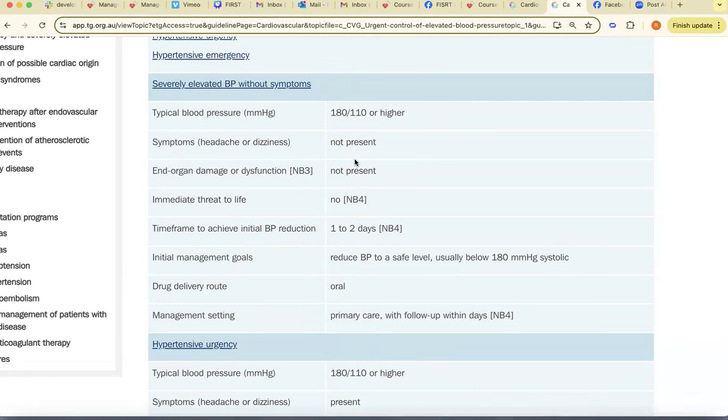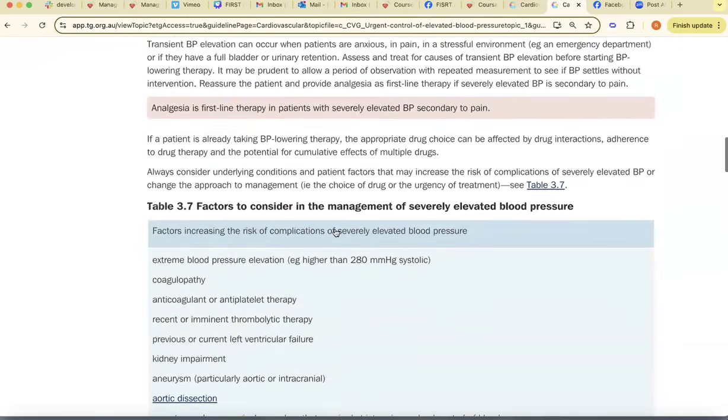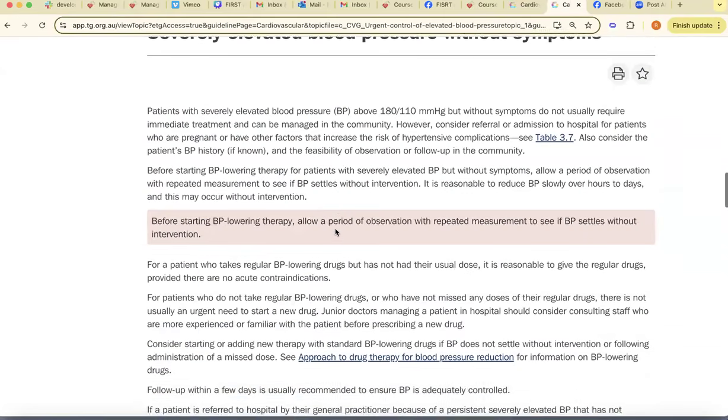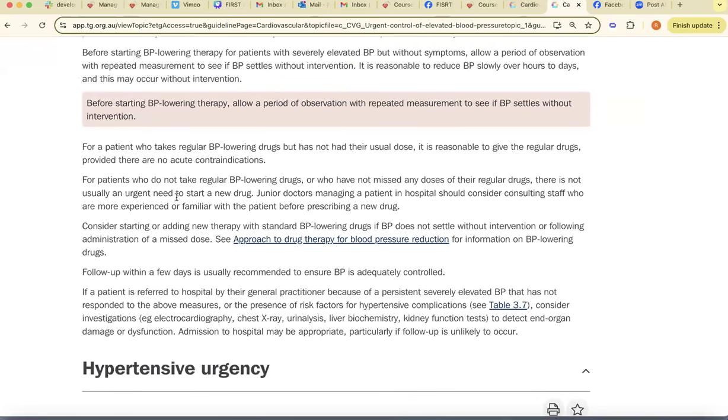Ideally, we need to bring it down to 160 at least. The time frame to reduce this blood pressure down to 160 is 1 to 2 days. For a patient who has this severely elevated blood pressure without any symptom, if the patient was not taking any regular blood pressure medication, then you can start the patient on a simple medication like ACE inhibitor, or you can start amlodipine.